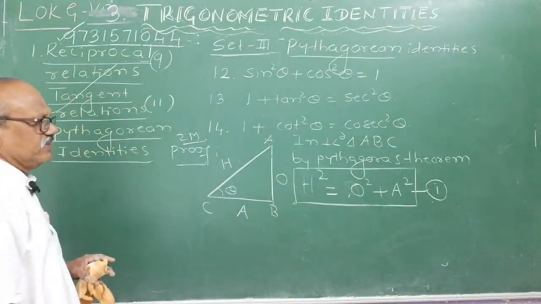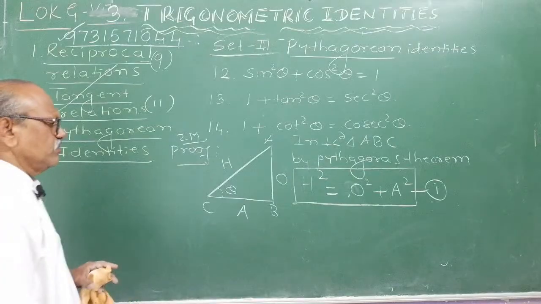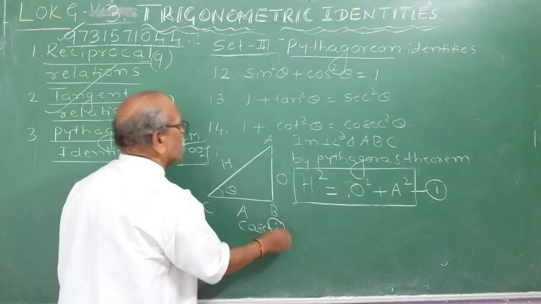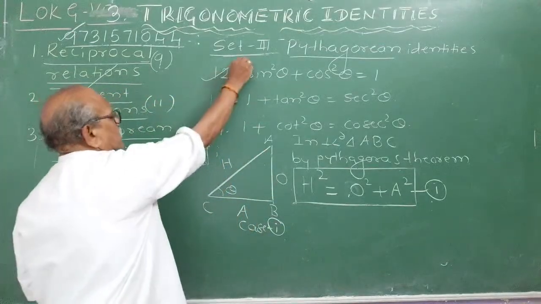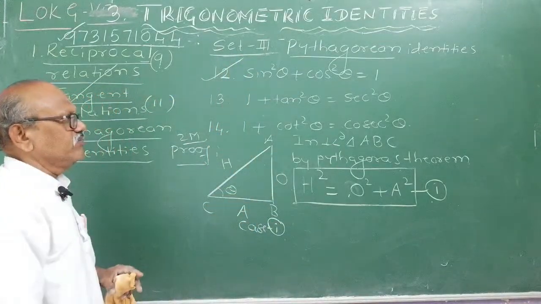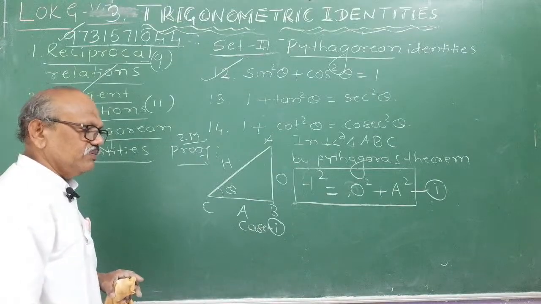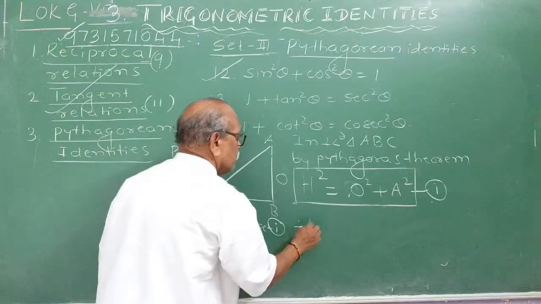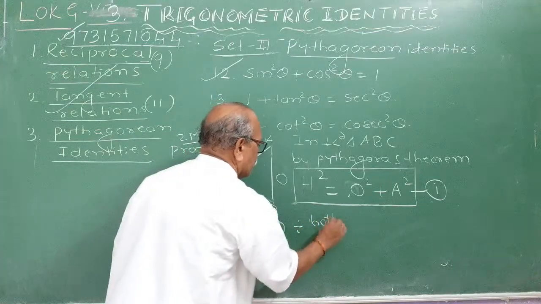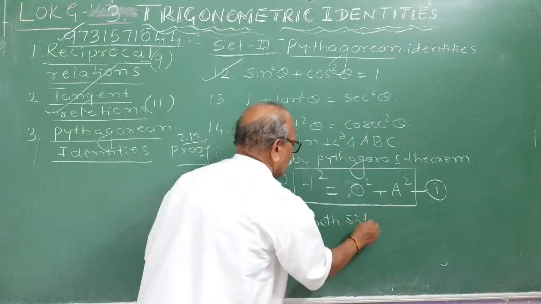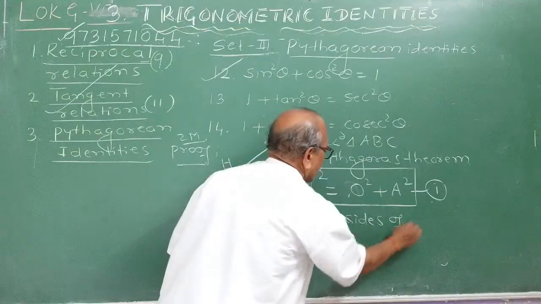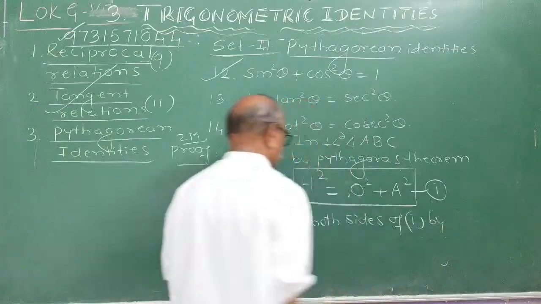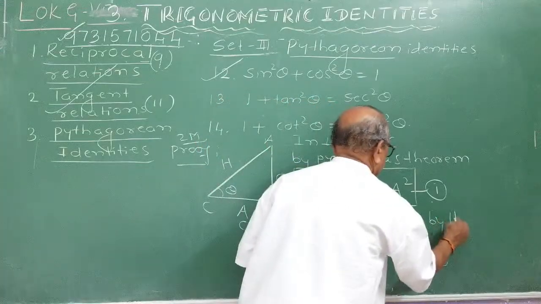That is the result. Now what I do is case 1. What do you want here? You want the first identity to be proved: sin square theta plus cos square theta is equal to 1. Now divide both sides of equation 1 by h square.